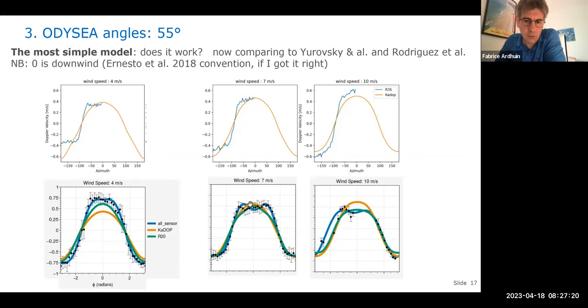It's actually almost right there for 7 meters per second, and especially the top-hat-ish kind of shape, which is probably a signature of the Bragg waves without the tilt, is there. I'm not too sure about the double maxima, and Ernesto had some nice theory for that, but we can discuss that later.